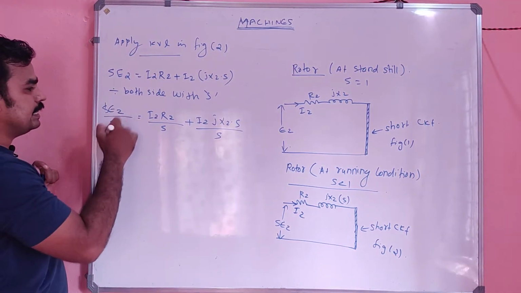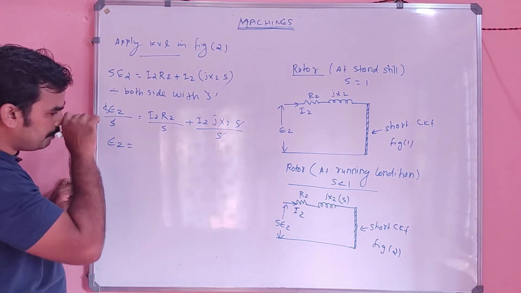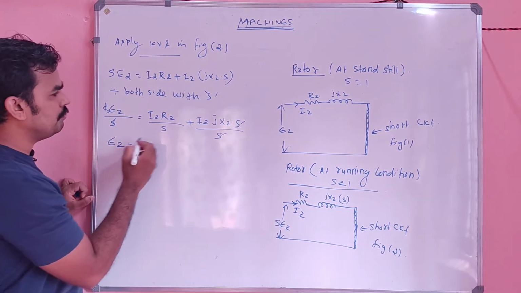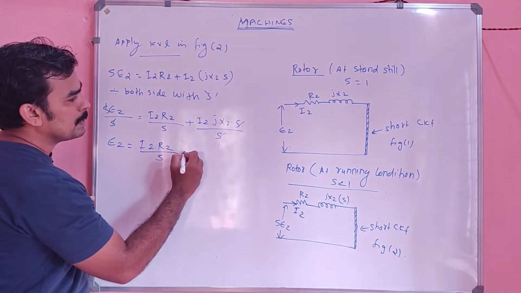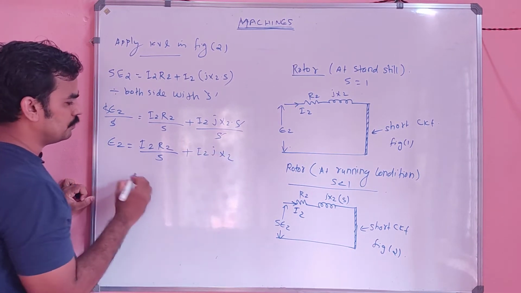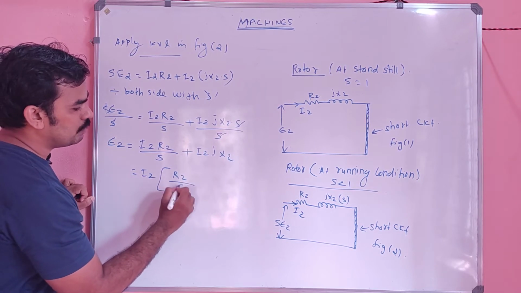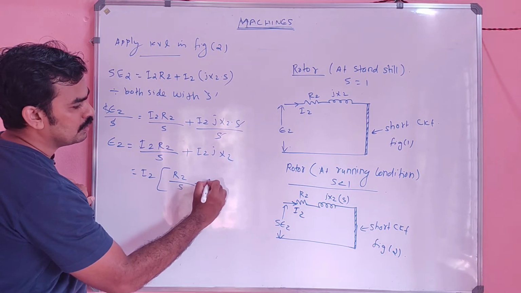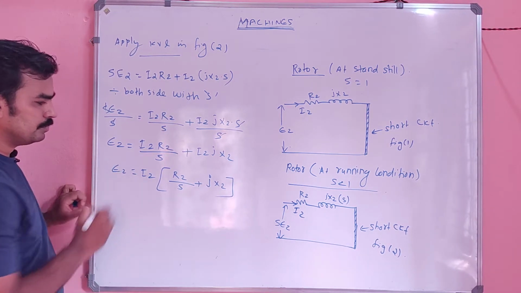S and S cancel here. So the result will be E2 equal to I2 into R2 by S plus I2 into jX2, or simply I2 into (R2 by S plus jX2) equal to E2.